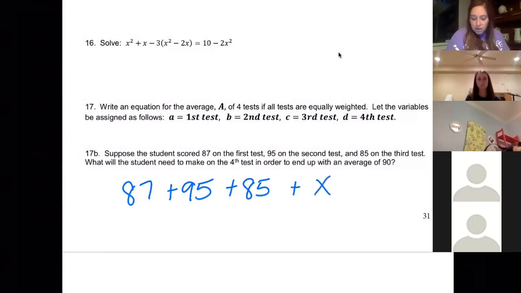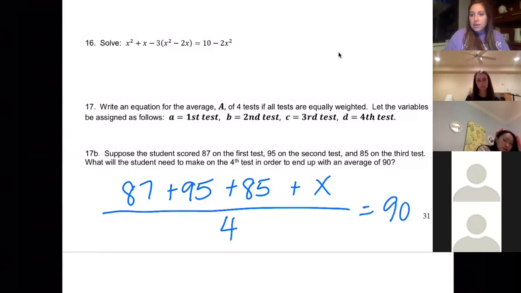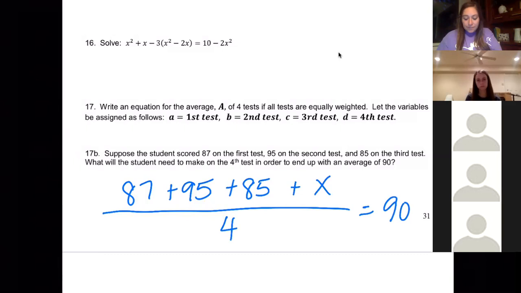I don't know what I made. And so if I added all of those up and I divided by 4, then that would get me an average of 90. And this is also how you can solve, like if you are at the end of the semester and you're like, what do I need to make on my last test to make an A for the quarter or something like that.